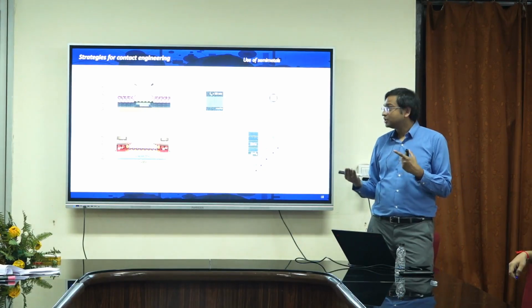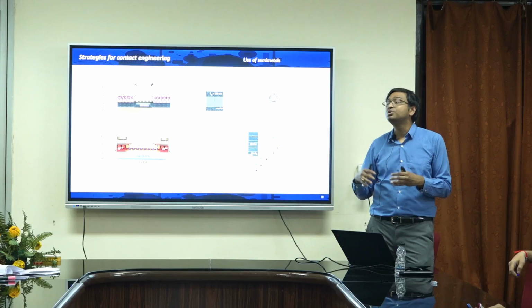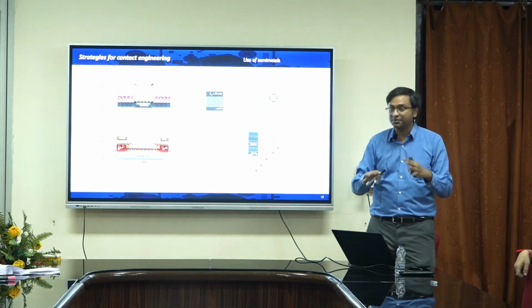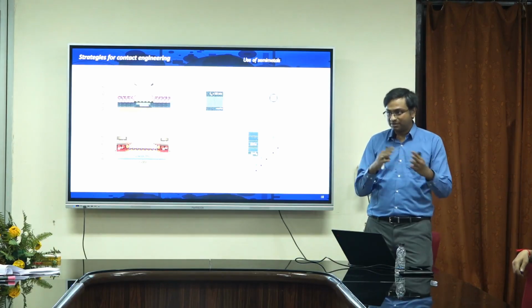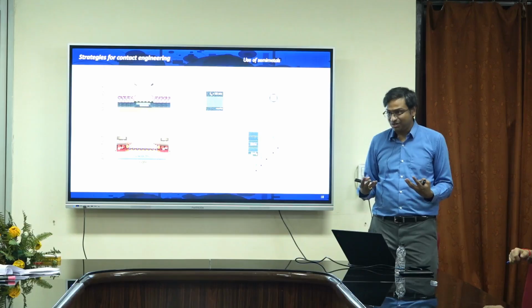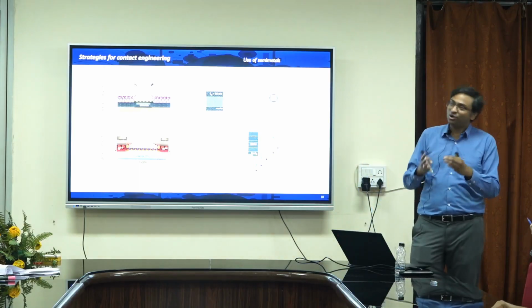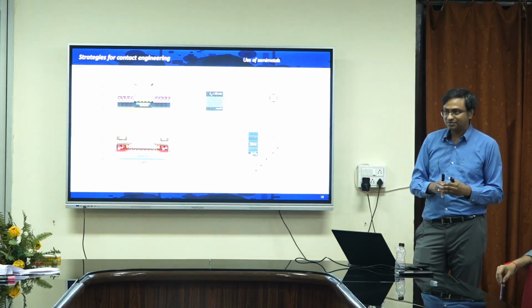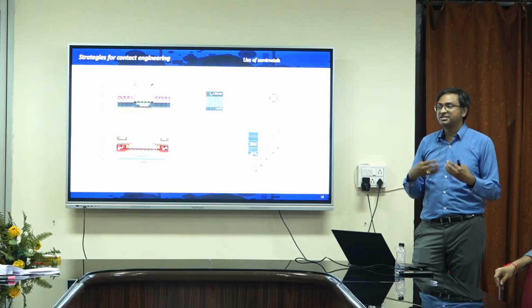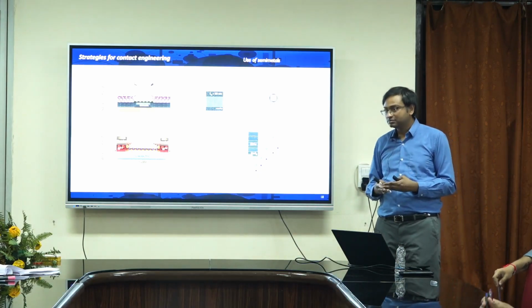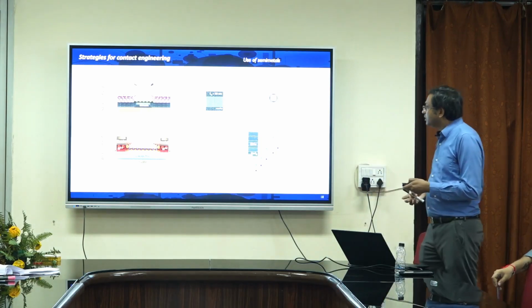We have another study where we also looked into the strain, because when you put a metal on a 2D material, nickel will create a lot of stress, while if you put something like gold, it will not stress the material. So stress and strain, the mechanics of the contact, also impact contact resistance. It changes mobility, it changes the band gap, it has even more impact on the contact.